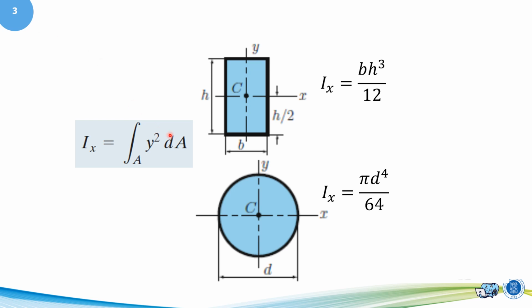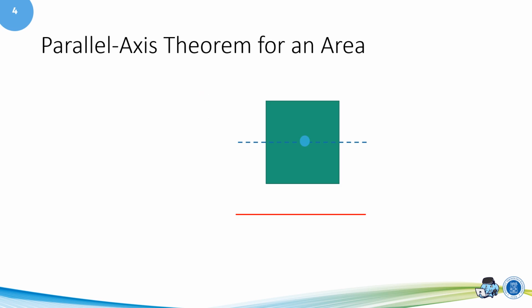You should remember that all of these moments of inertia are against the x-axis, which is through the centroid. In some cases, we need to find the moment of inertia against another axis which is not through the centroid, like in this picture. As you can see, the red axis is not through the centroid.